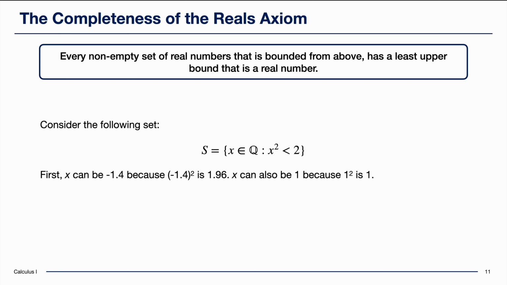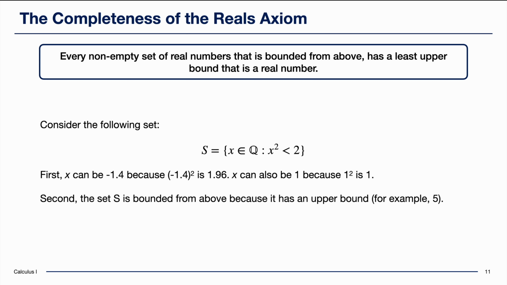So essentially, all numbers such that when squared are less than 2 will be in this set, and those numbers must be rational numbers. Moving on, this set is also bounded from above because it has an upper bound. For example, 5 is an upper bound of the set because 5 squared is 25, and 25 is greater than 2.